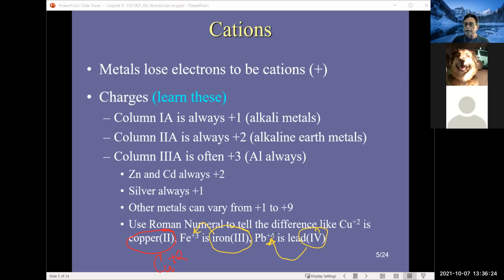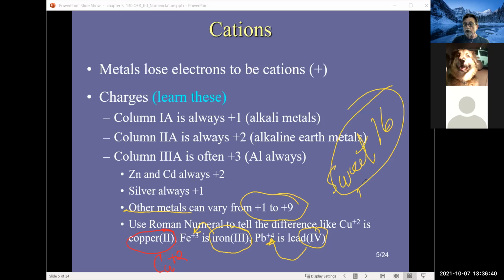We have to do that because these other metals vary from a +1 to a +9. The sweet 16 that we went over, we know 100% of the time have a constant oxidation number.